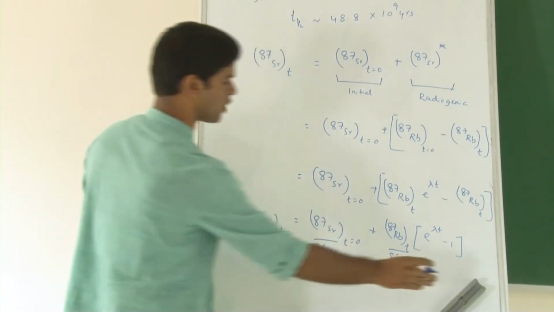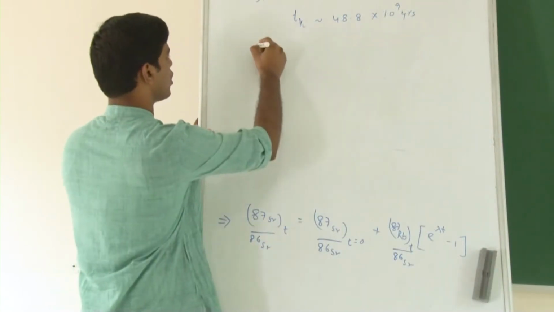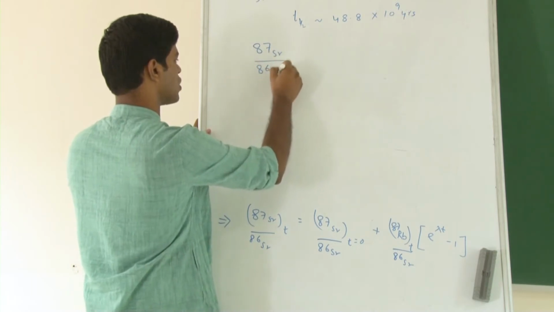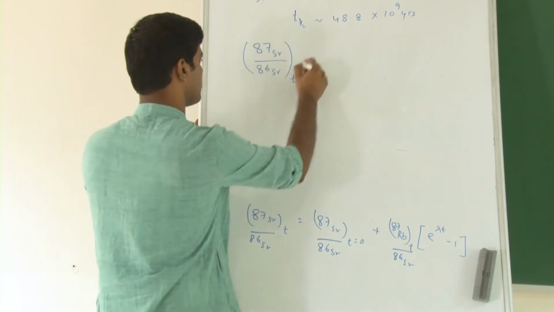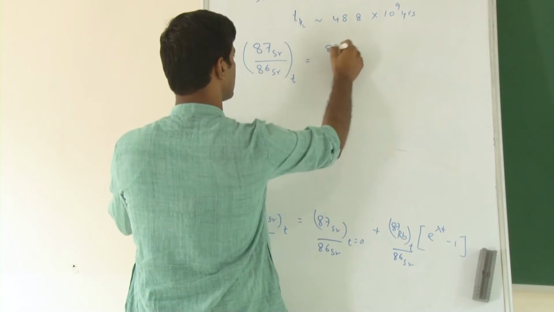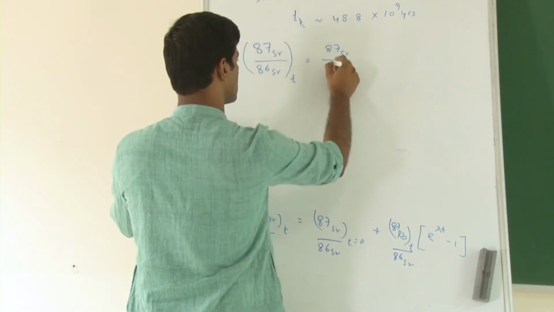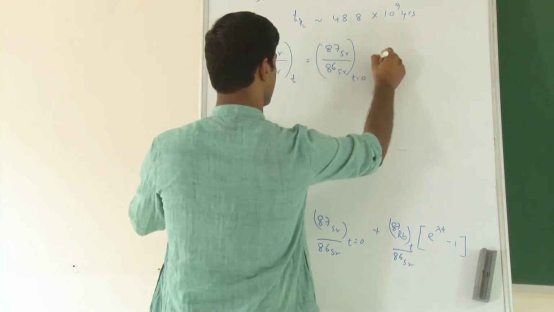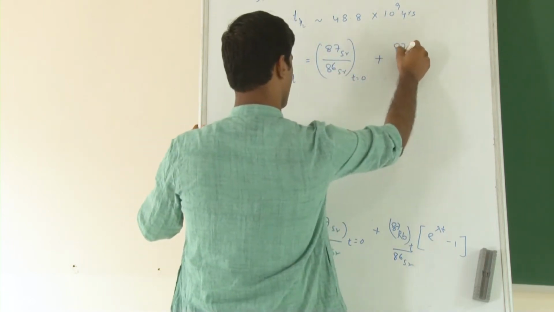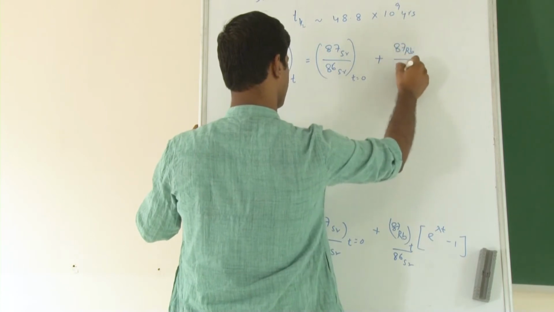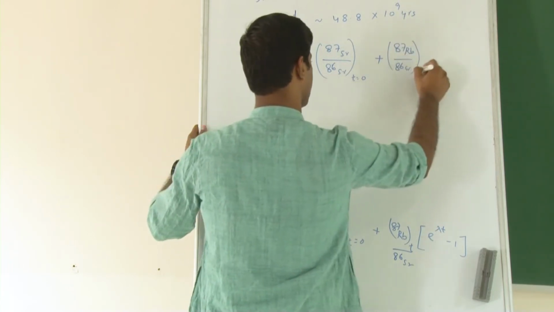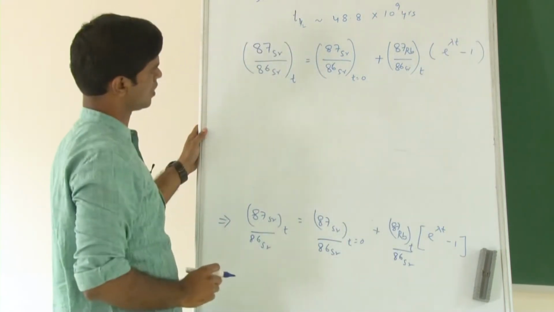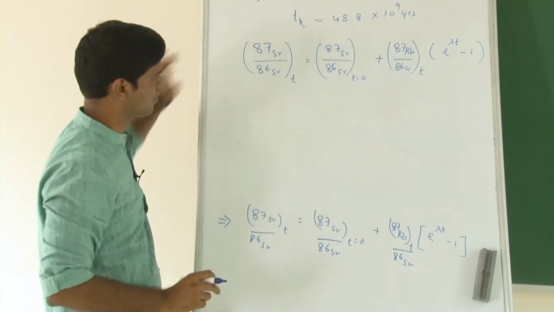Basically, what we got is 87 strontium by 86 strontium at any point of time will be equal to 87 strontium by 86 strontium at T is equal to 0 plus 87 rubidium by 86 strontium at T, e to the power lambda t minus 1. Okay. This is the equation I have rewritten here.